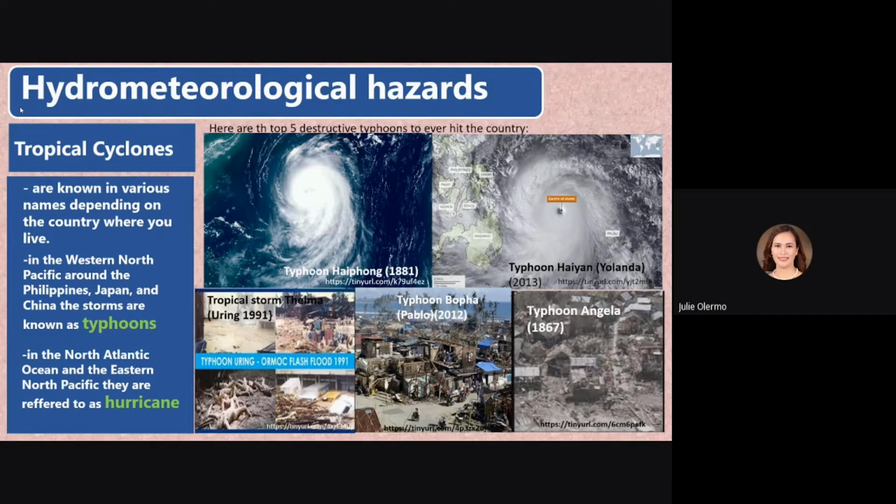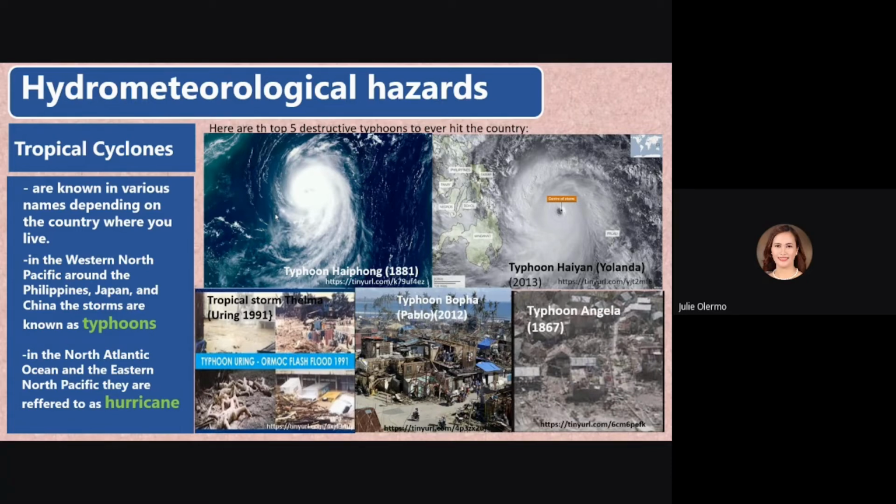PAGASA records an average of 20 tropical cyclones entering the PAR every year, with about 5 being destructive. So based on the picture, here are the top 5 destructive typhoons to ever hit the country. Typhoon Haiphong, 1881, struck the northern part of the Philippines. Typhoon Yolanda in 2013, Haiyan the international name, caused catastrophic damage throughout the island of Leyte.